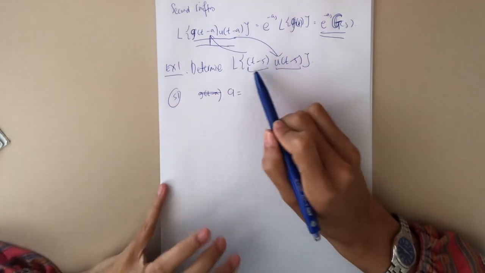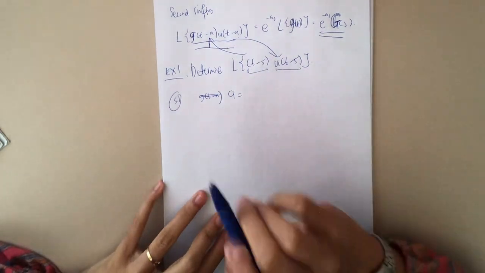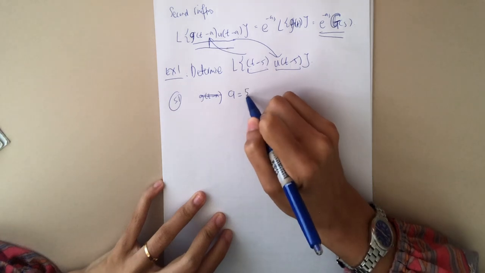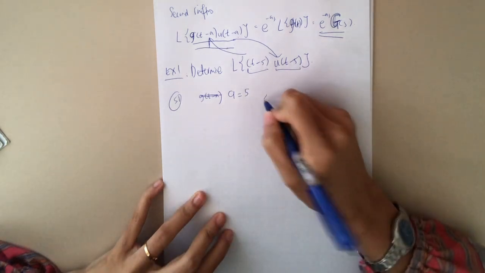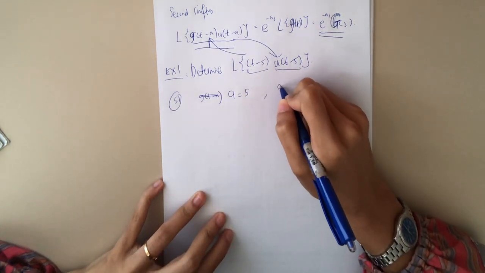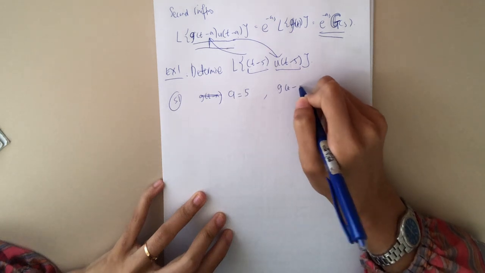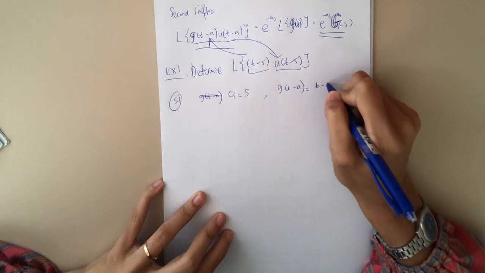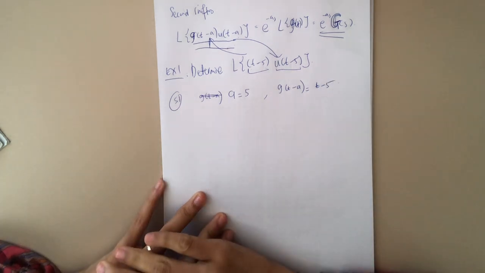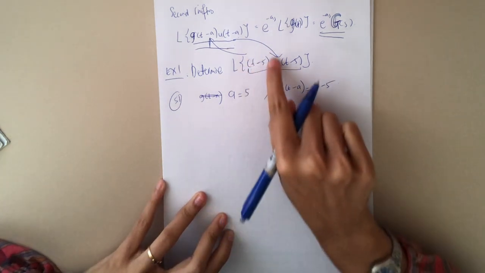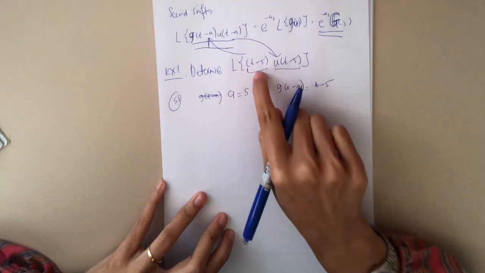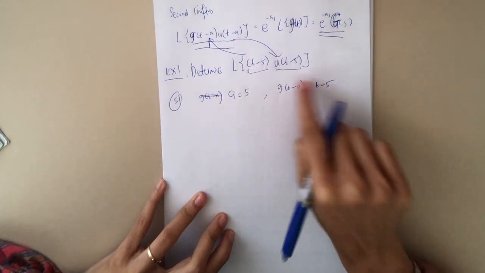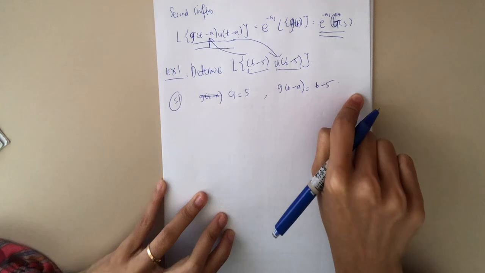Here you can see t minus 5, so what is your a? Your a here is 5. Now what is your g(t minus a), or g(t minus 5)? It is t minus 5, because as I said just now, the whole thing here is g(t minus a). So your g(t minus a) is t minus 5.